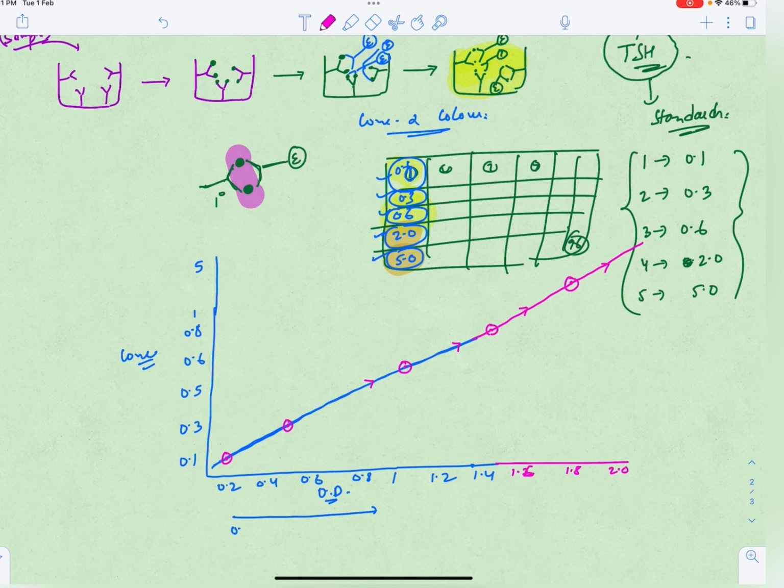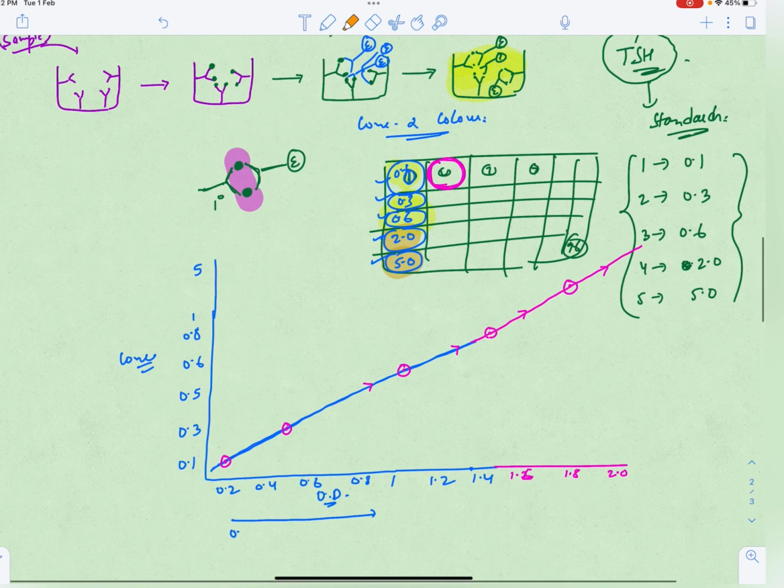You will observe an increasing graph so that the concentration of the unknown sample, the sample which you want to measure, can be calculated. Suppose in the next well you have put a sample and you don't know its concentration. How would you measure it? Just by measuring the optical density. The machine will tell you the optical density.